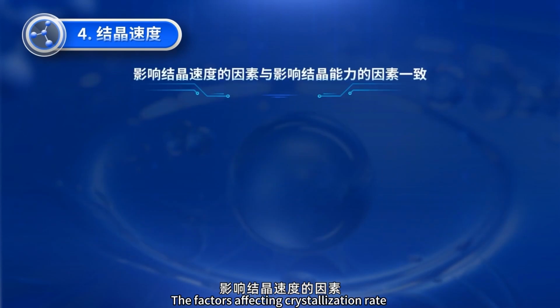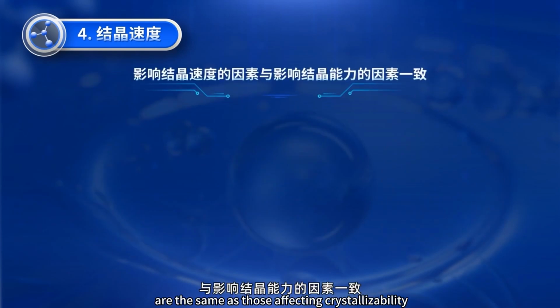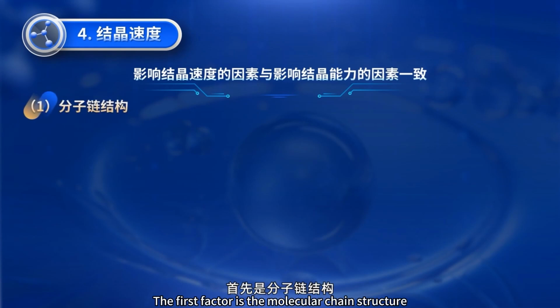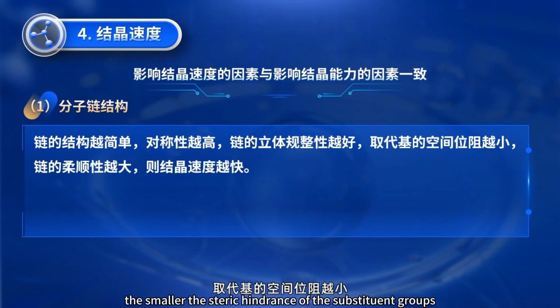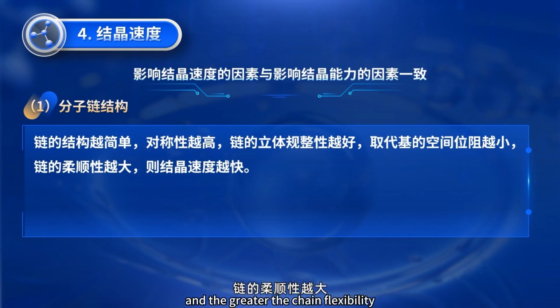The factors affecting crystallization rate are the same as those affecting crystallizability. The first factor is the molecular chain structure. The simpler the chain structure, the higher the symmetry, the better the stereoregularity of the chain, the smaller the steric hindrance of the substituent groups, and the greater the chain flexibility, the faster the crystallization rate will be.